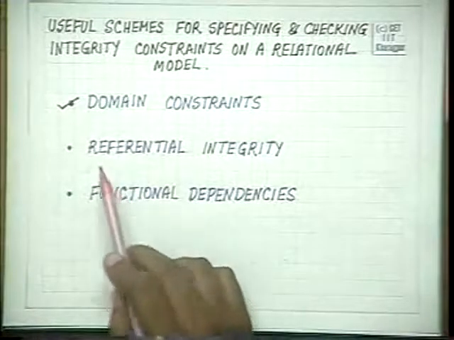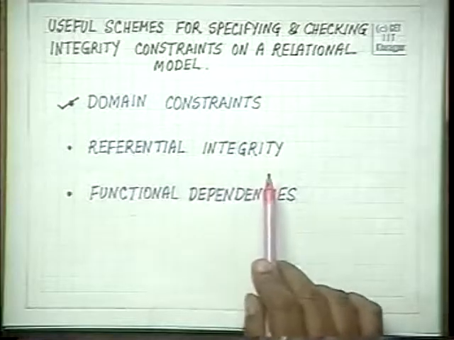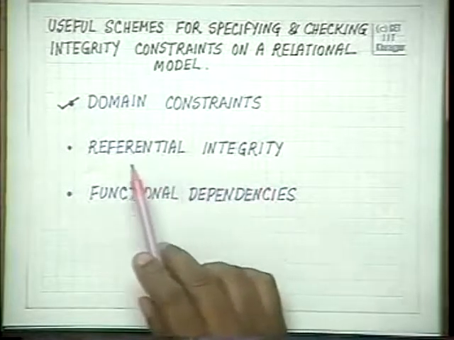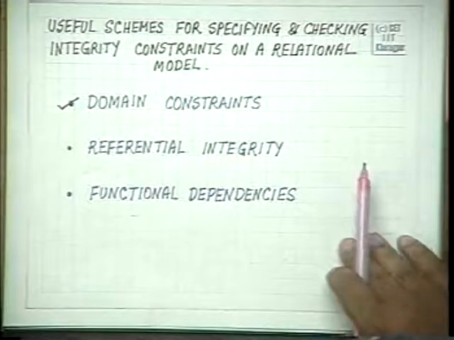The next topic, and a very important and crucial conceptual idea of specifying constraints, are the referential integrity constraints. We will pick up two cases to highlight the problems that can occur if referential integrity constraints are not taken into account.